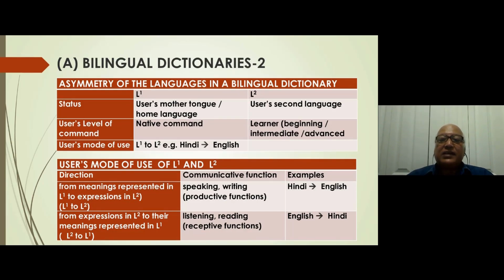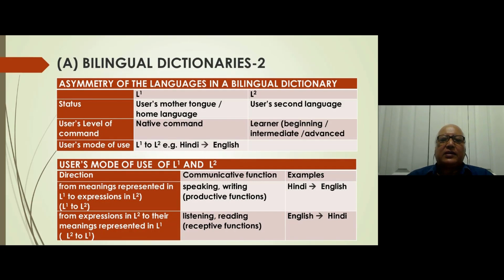So the L1 is the user's mother tongue or home language. These are expressions that are to be found frequently occurring in the NEP. Then there is the L2, which is typically the user's second language, which could be either the state language if the user is a minority language speaker, like let us say in Assam situation, I can talk about the Rabhas or the Boros as L1 users of the mother tongue.